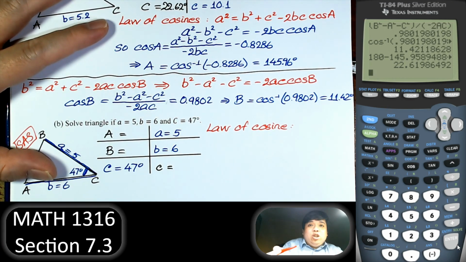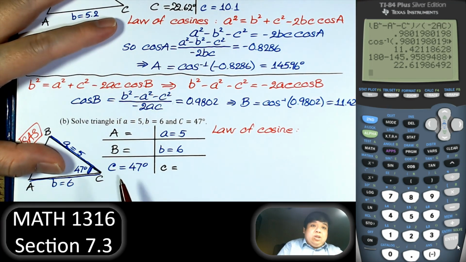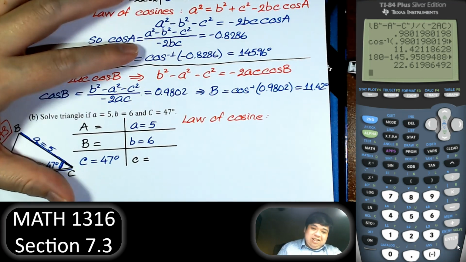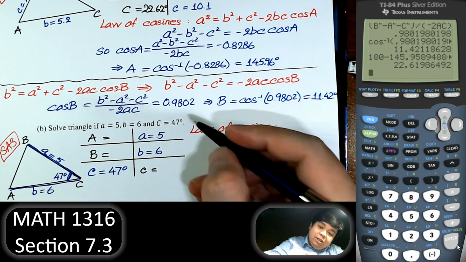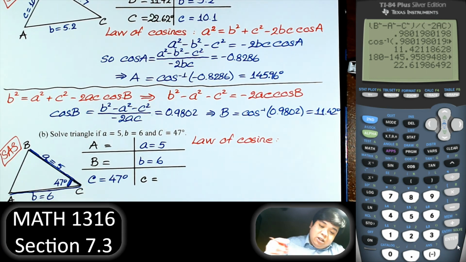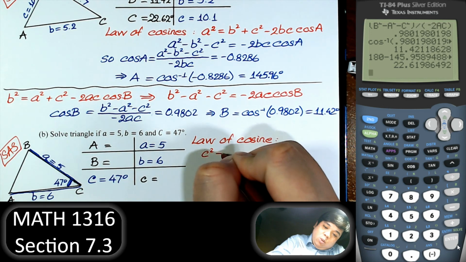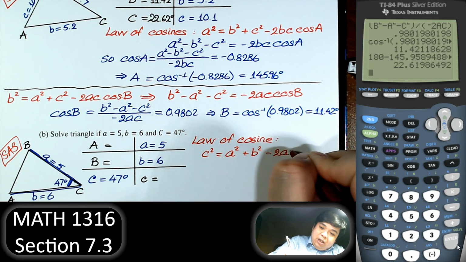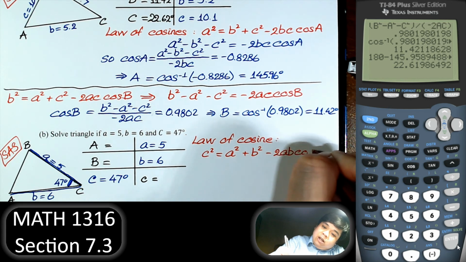That should be simple. We only know angle C, so we have to use the formula that has the angle C. So, c squared equals a squared plus b squared minus 2ab cosine C.